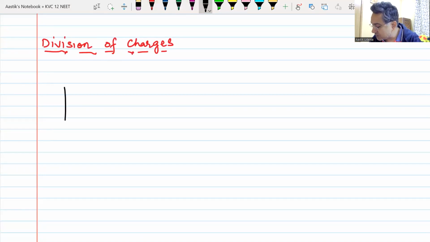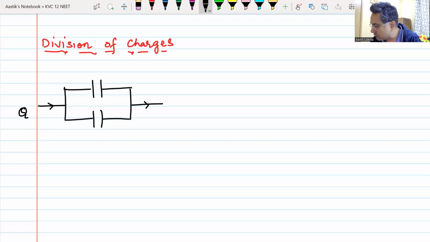Division of charges means you will have two capacitors put in parallel like this, and the total charge is Q. How does charge get distributed? Let me call this capacitor C1 and this capacitor C2. Charge on this capacitor is Q1 and charge on this capacitor is Q2.